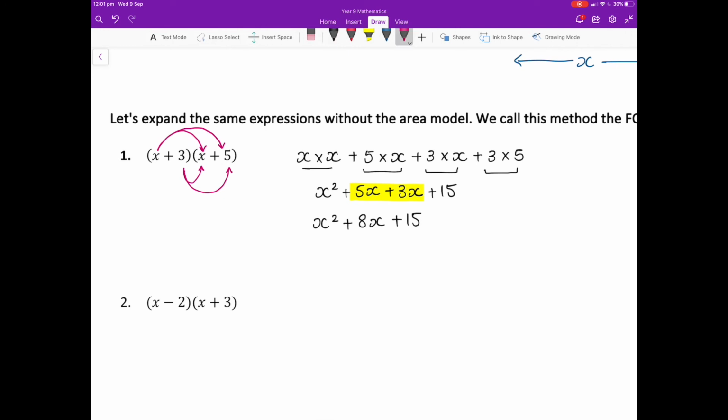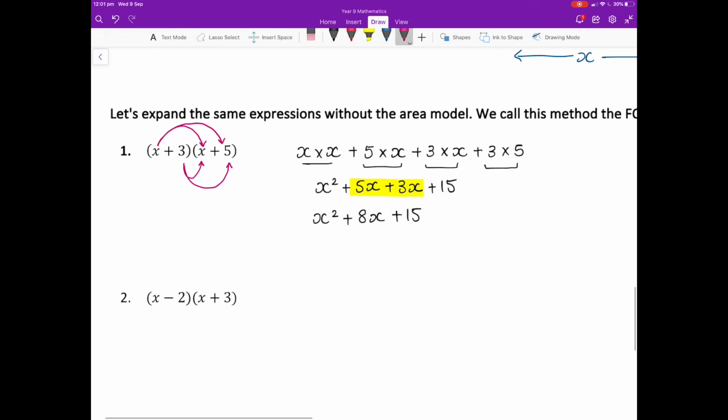So here we've got x minus 2 times x plus 3. Again, starting with our x's, x times x is going to give us x squared. Then x times positive 3 is going to give us 3x.